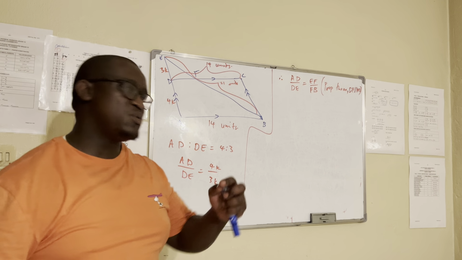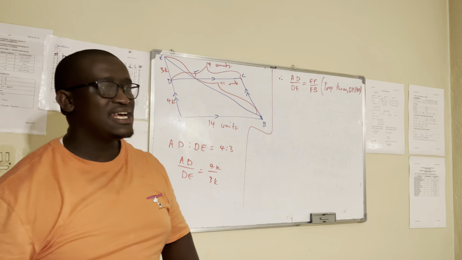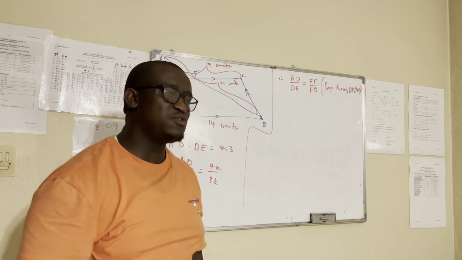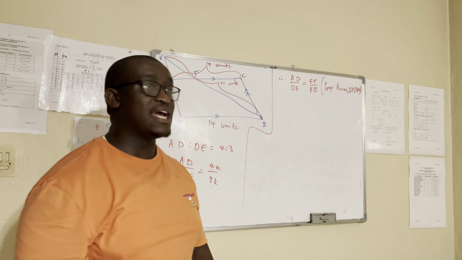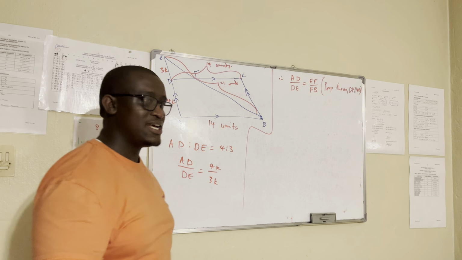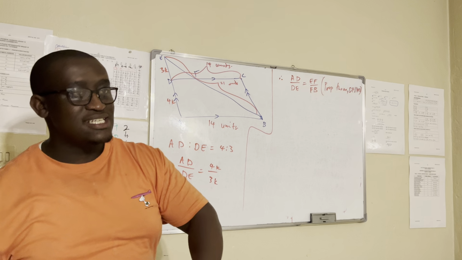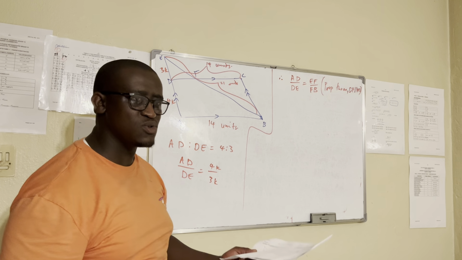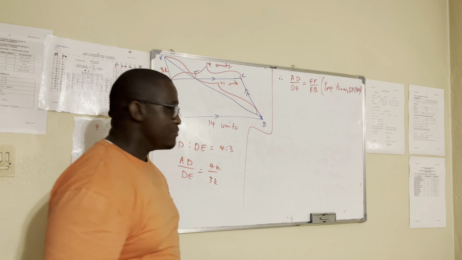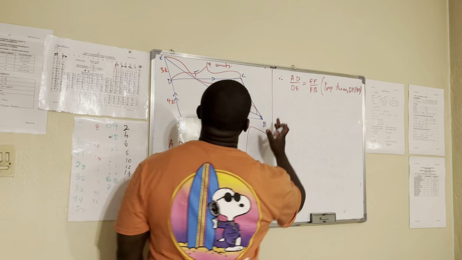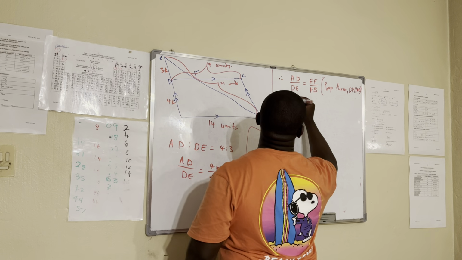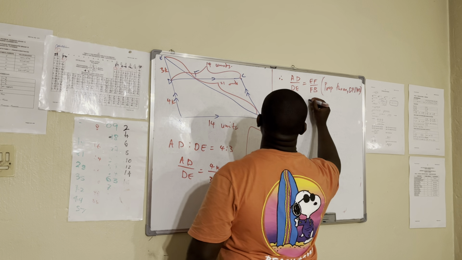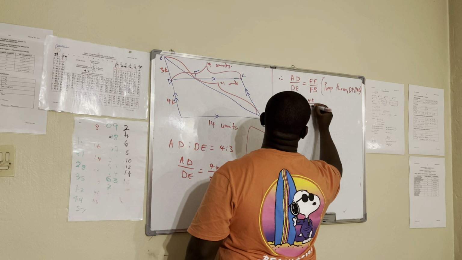This is why I always advise: Euclidean geometry, we master it by doing the activities, then you go and study it. So remember, EF over FB is 4K over 3K.